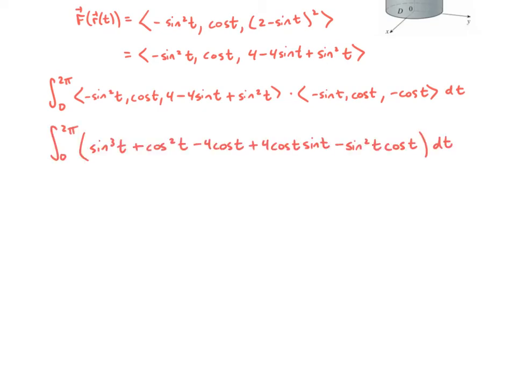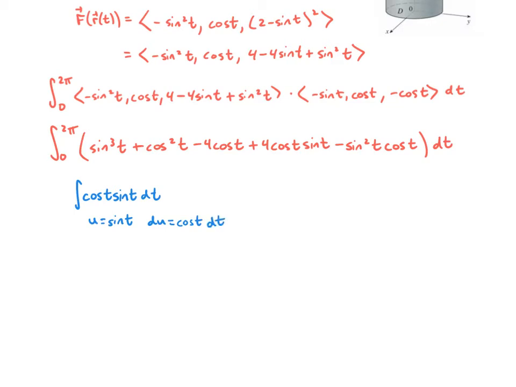Okay, so here's our simplified dot product, and what we're going to do is take the antiderivative of each of these parts. Now, before we do that, we're going to need to use substitution for this particular piece as well as this particular piece. So let's go ahead and do that off to the side here. So we have the integral of cosine t sine t dt, and in this case u should be sine t, du should be cosine t dt.